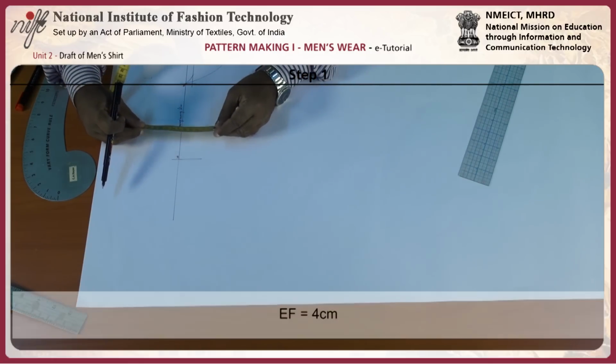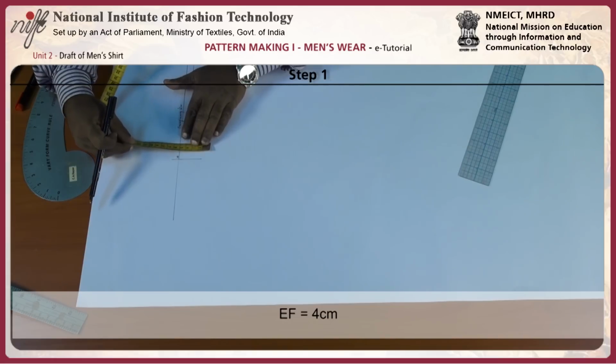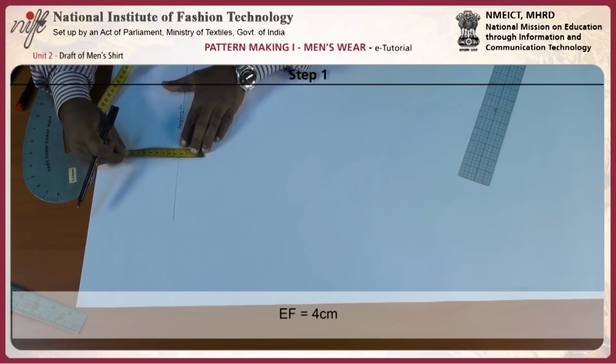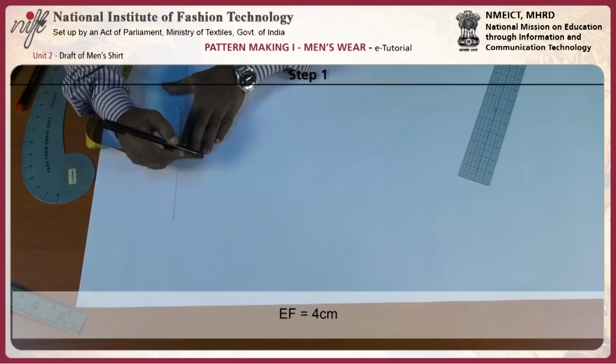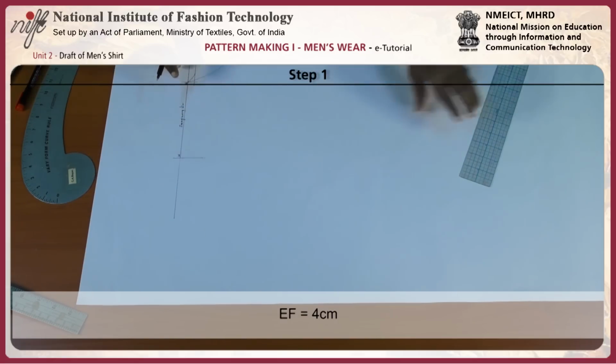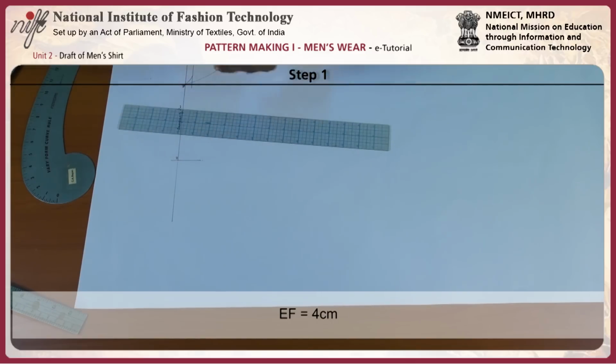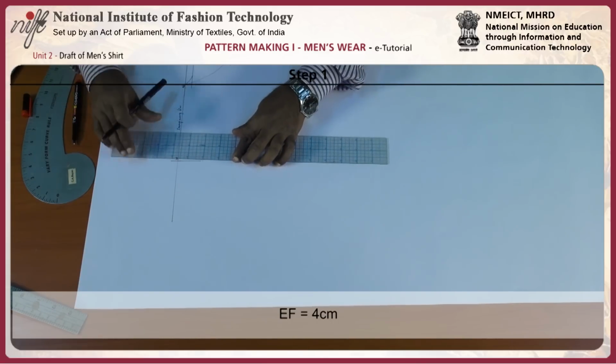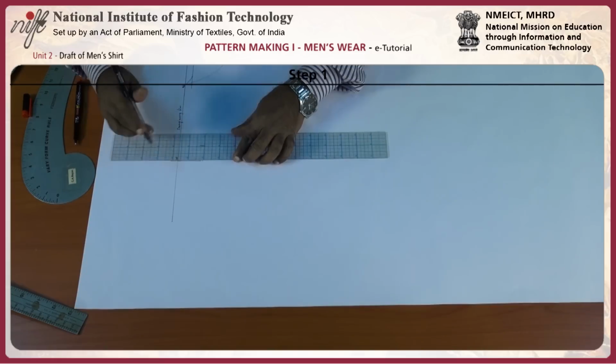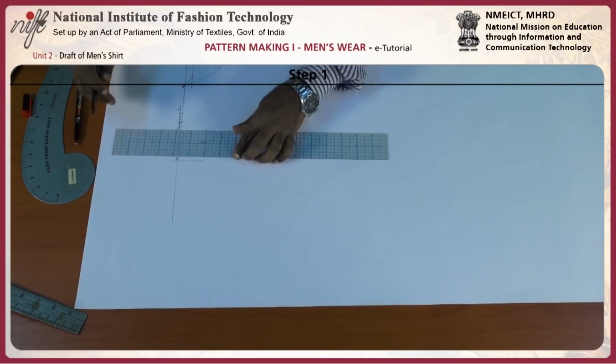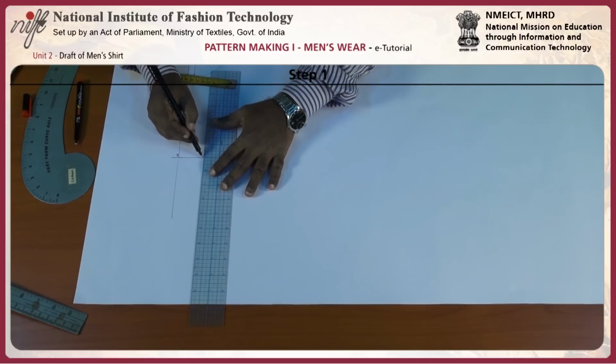From E to F, measure 4 centimeter. E to F is 4 centimeter. It can be marked clearly.